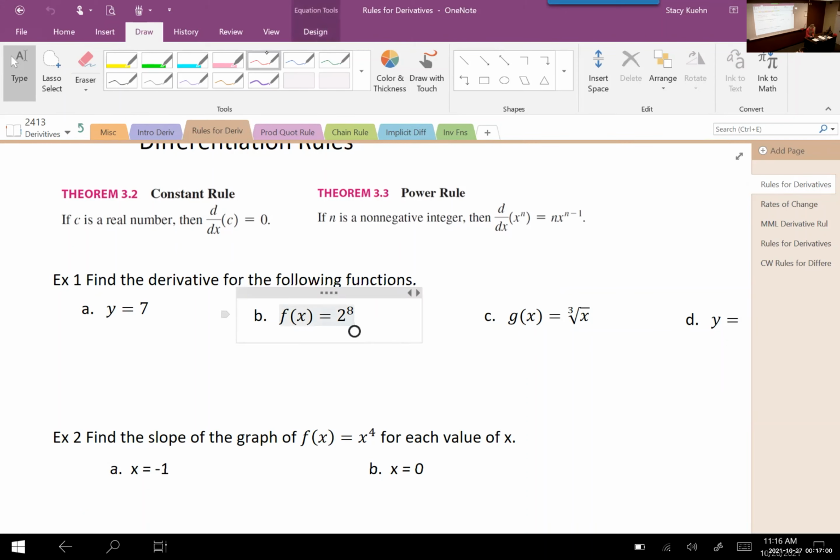Now, just to kind of get used to writing these things in different ways, I want to know, what is the derivative of y with respect to x of 7? When y is equal to 7, the derivative of y with respect to x is equal to what? 0, because it's a constant, right?